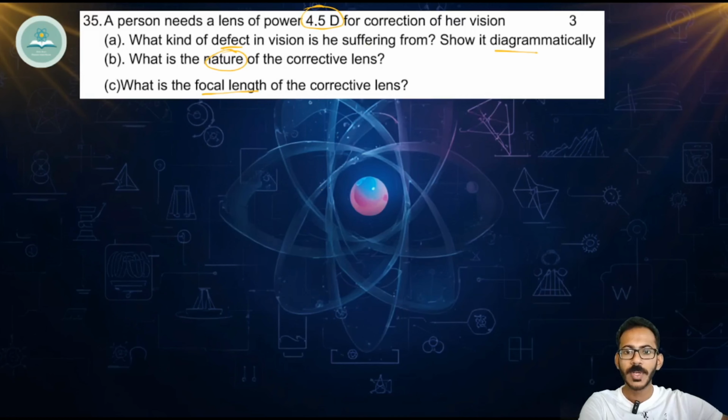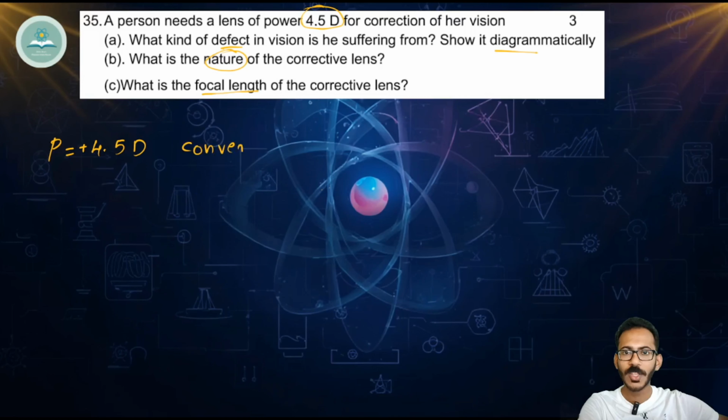A person needs a lens of power 4.5 diopter. So this is plus 4.5. Since this is a positive value, its focal length is also a positive value. When the power of lens or the focal length of the lens is a positive value, it's always a convex lens.